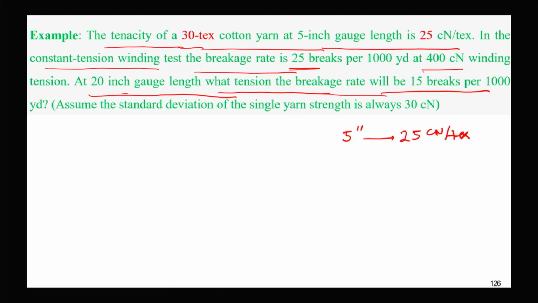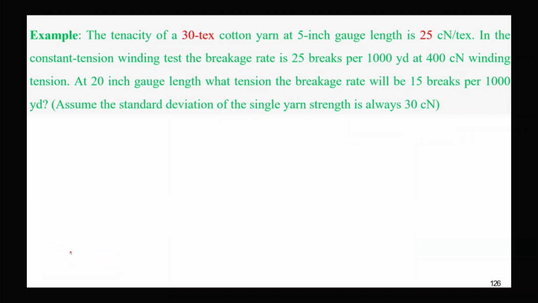Assume the standard deviation of the single yarn strength is always 30 centinewton, so for any gauge length the standard deviation will be 30 centinewton.